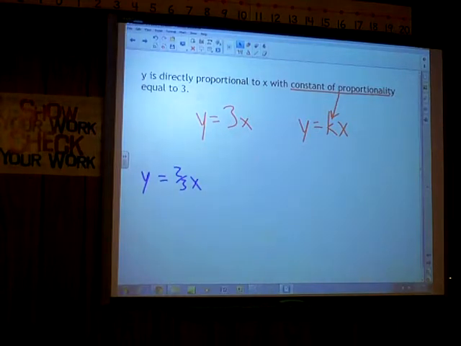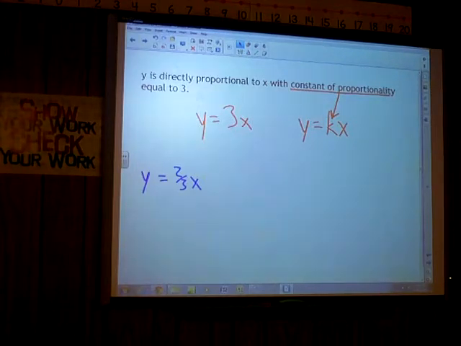Madeline? Well, basically, when x changes, y changes in the same direction based on the constant of proportionality. Okay. Y is going to change based on the constant of proportionality. We're changing kind of in the same direction. Okay. Directly proportional. The idea is when x is increasing in magnitude that y will as well.